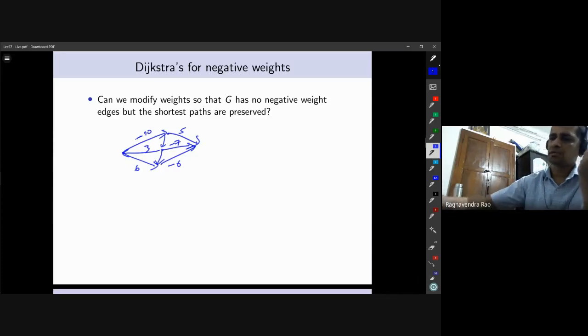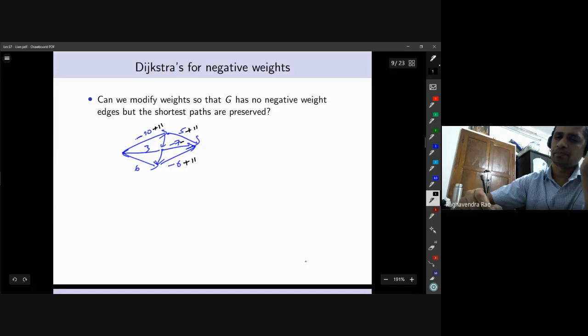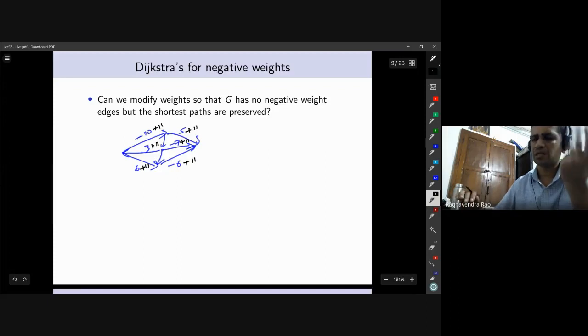You just add a large positive value, say plus 11, to all of them. Some value larger than the absolute value of the most negative edge weight.